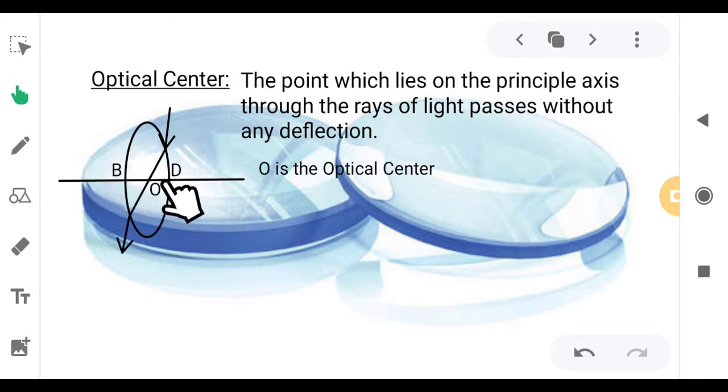This is a light ray passing through this lens without any deflection. There is no deflection. So that's why this point is called O and optical center is denoted by O.